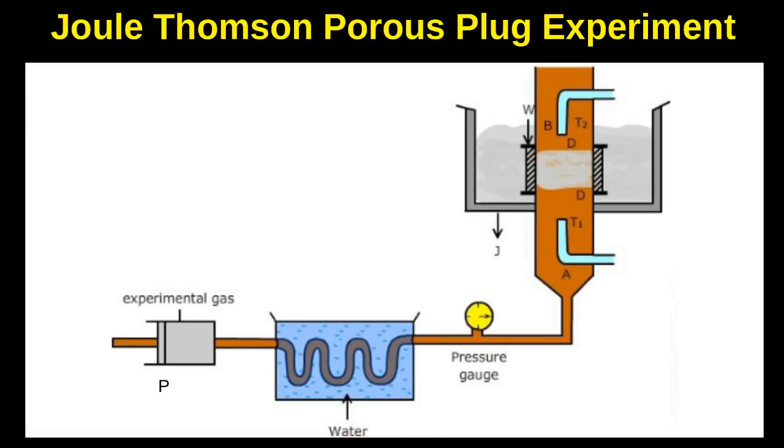So the behavior of gases was studied at various inlet temperatures, and the results observed: at a sufficiently low temperature, all gases show a cooling effect. At ordinary temperature, all gases except hydrogen and helium show a cooling effect. Hydrogen and helium show heating instead of cooling at room temperature.